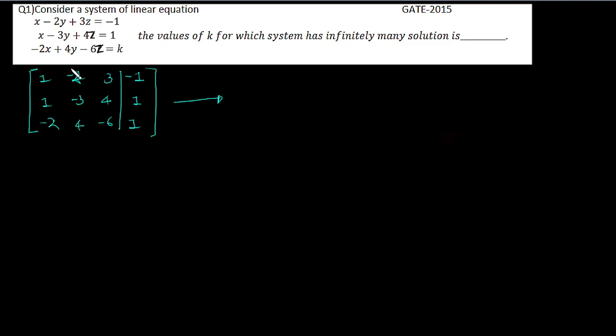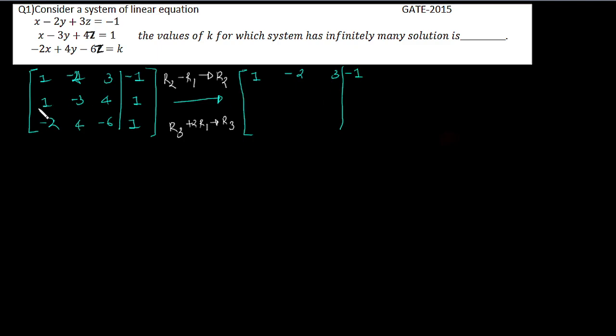So let's do R2 minus R1, which becomes our new R2, and R3 plus 2R1 becomes the new R3. So what we are getting after that is that the first row remains as it is.